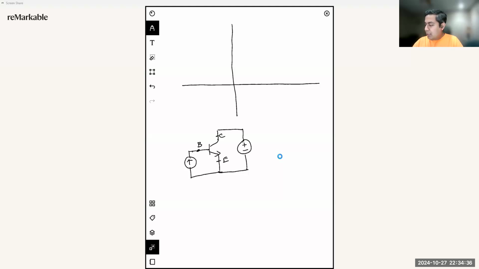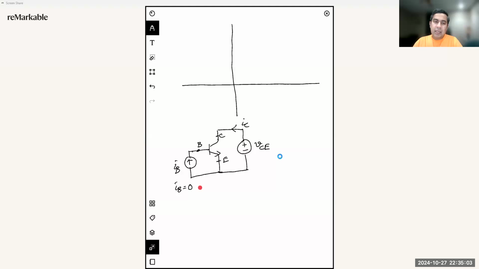We are going to apply a base current IB using this source, and then we are going to apply a voltage across the VCE terminal, which is going to create the current IC through the device. We are going to go through the regions, just what I have mentioned before.